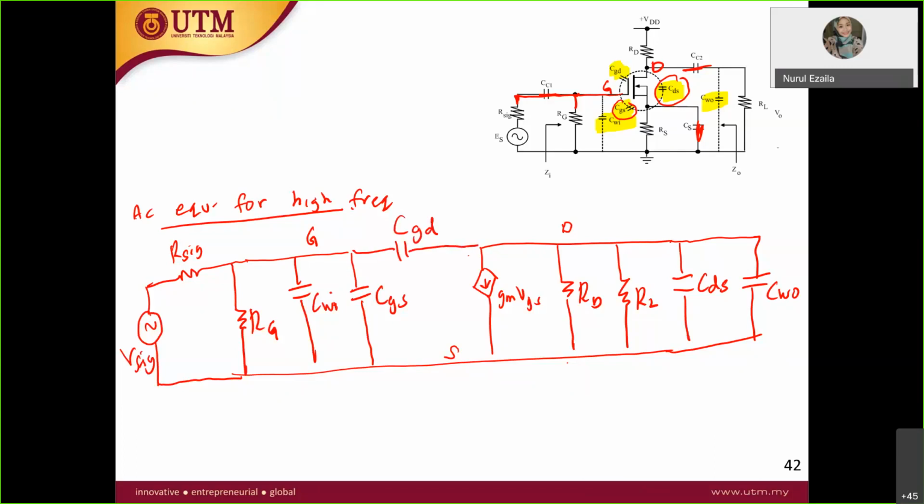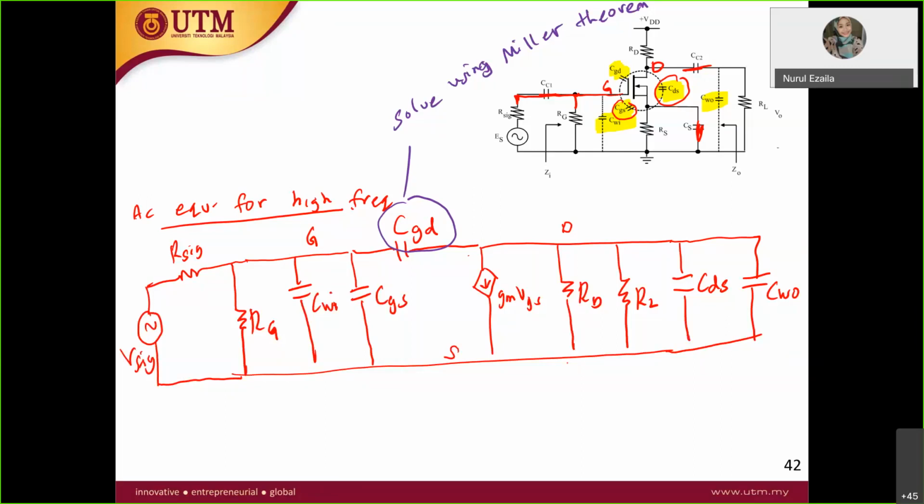So how do you solve this CGD? This CGD can be solved by using Miller theorem. I'm not going to show it again, but this is the same as the common emitter.